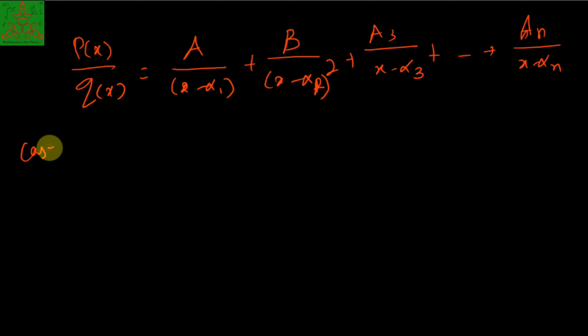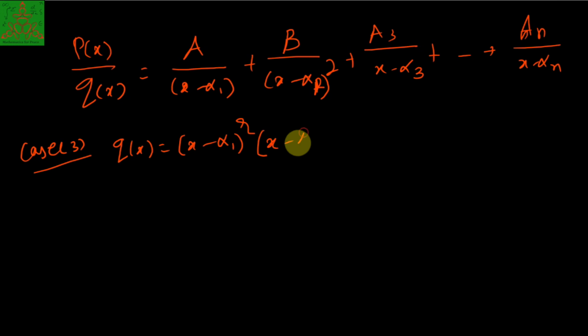In case 3, it may happen that instead of 2 roots, r roots are equal. Then your polynomial q(x) is of the form x minus alpha 1 raised to r, times x minus alpha r plus 1, up to x minus alpha n.